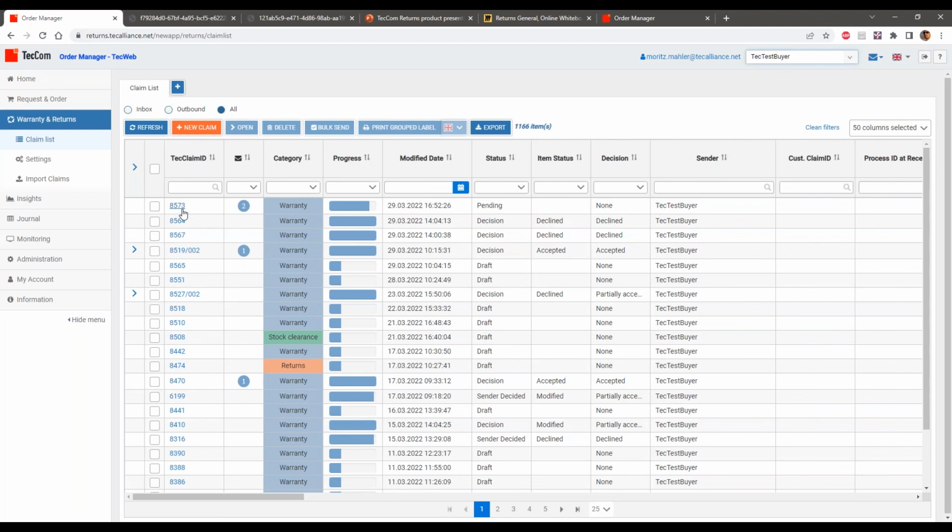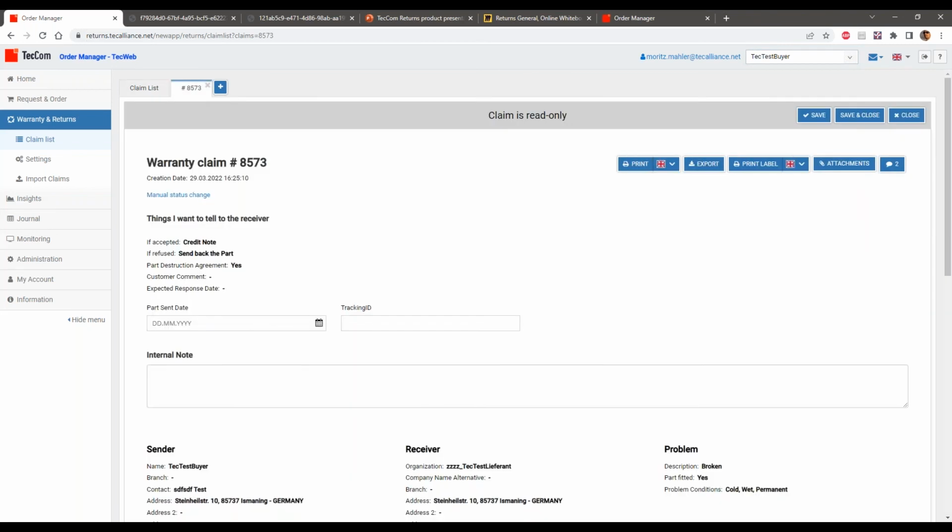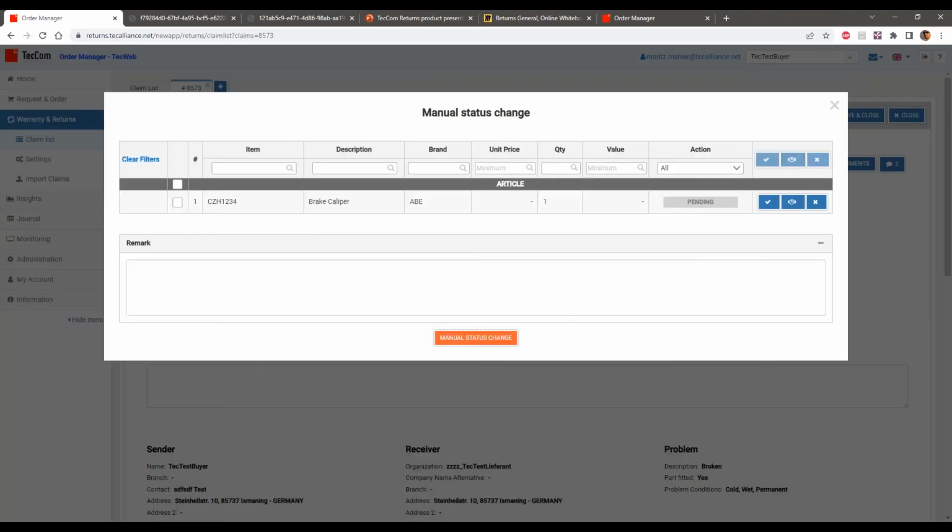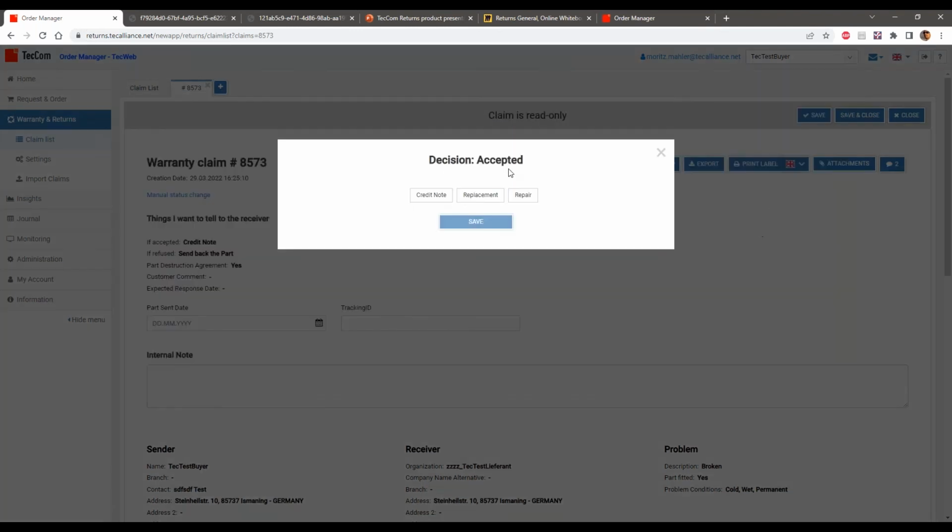Or the guy comes back from holiday and he sees in his email inbox that this claim is accepted. Oh, cool. The claim is accepted. I go to manual status change, accept this, go to credit note, whatever he says to me.